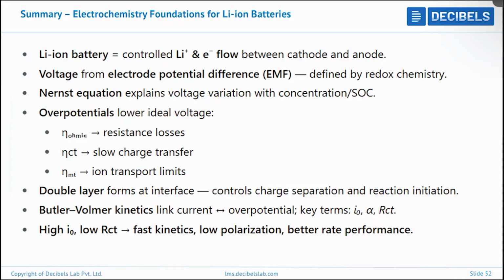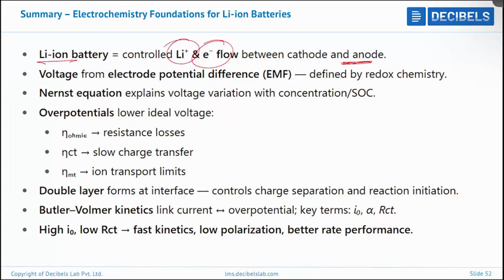To summarize, in a lithium-ion battery, the controlled lithium movement within the solution and the electron flow outside between the cathode and anode is governed by various principles, and for that you need to understand the basic concepts of electrochemistry. Therefore the foundations are very important.